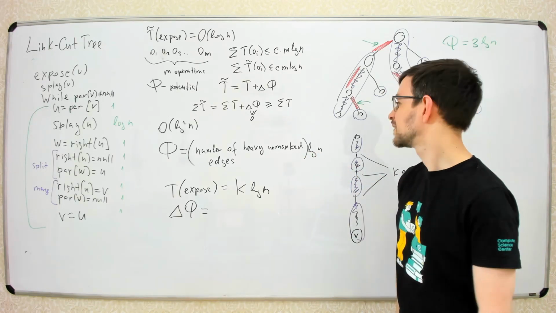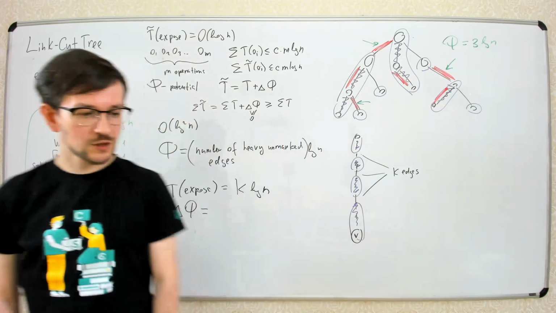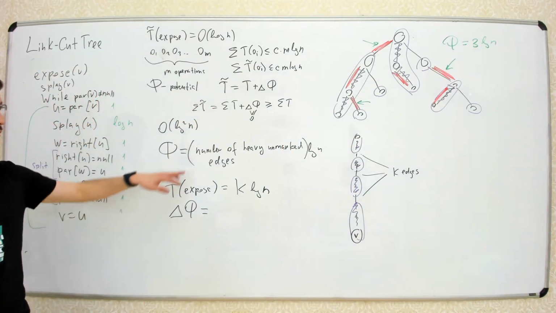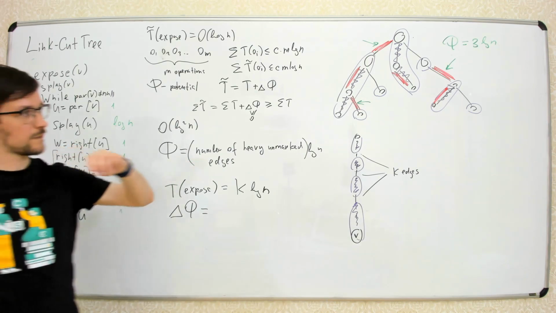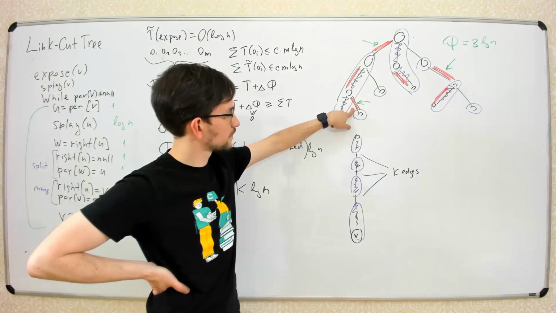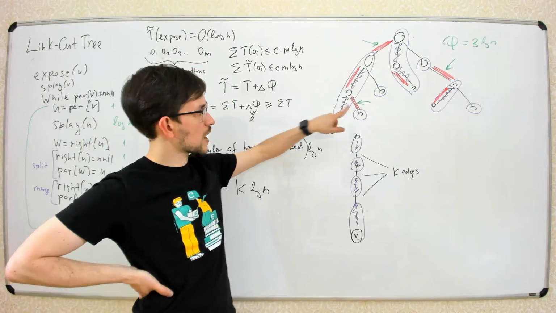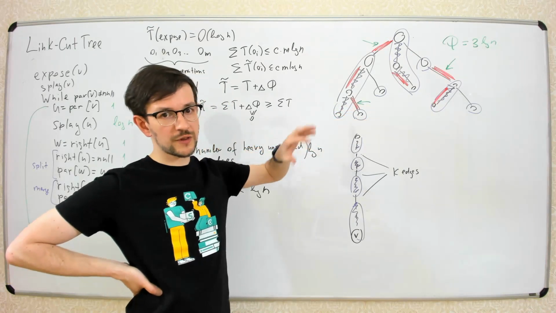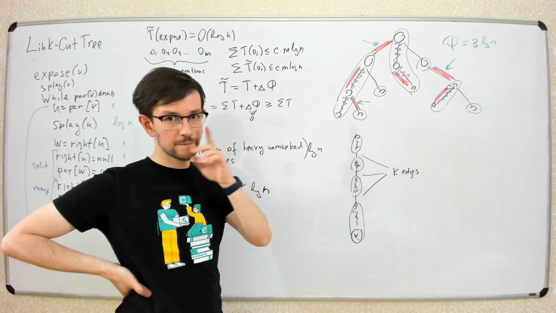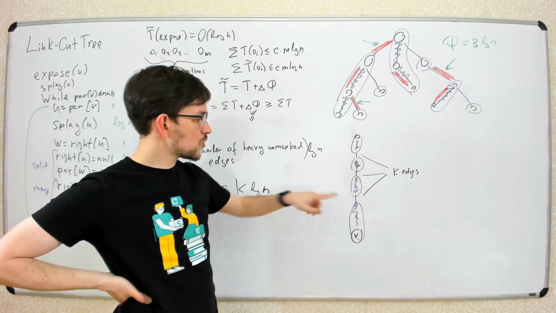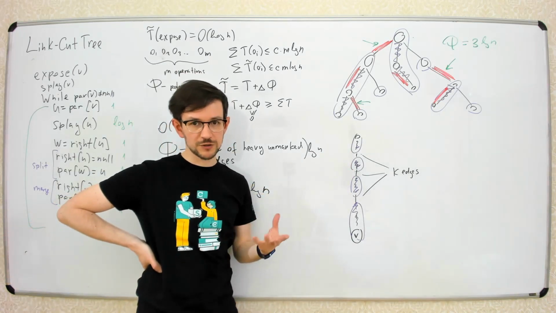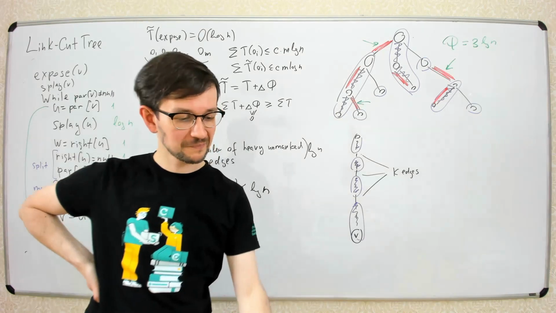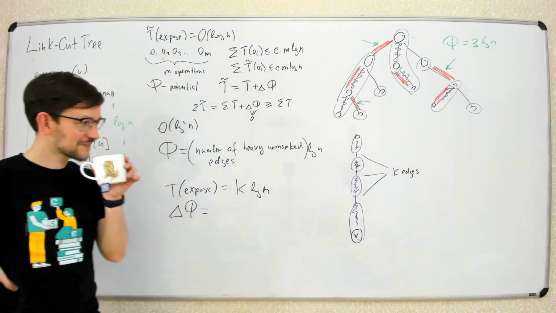Simple question. We're looking for the number of heavy unmarked edges, edges like this. They are heavy edges, but these edges do not belong to our decomposition. If we mark all these edges on this path, will the potential increase or decrease? I'll wait.